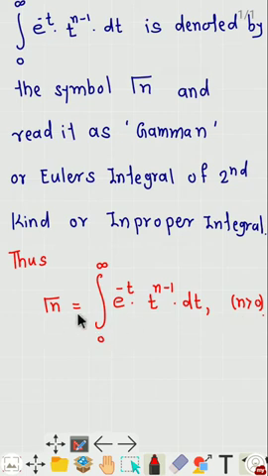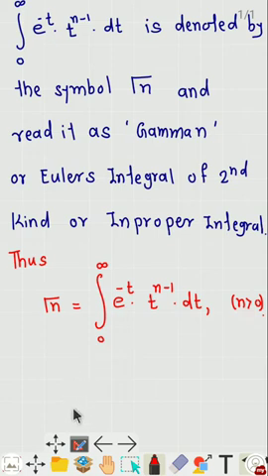So this is called a gamma integral, or we may say it is the gamma function. So gamma n is equal to integration over 0 to infinity e raised to the power minus t, t raised to the power n minus 1 dt, n greater than 0.